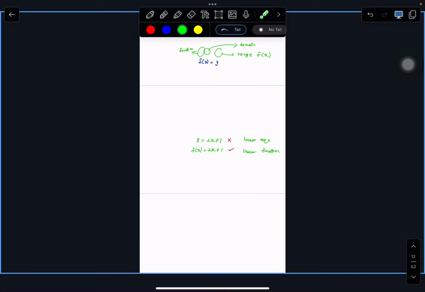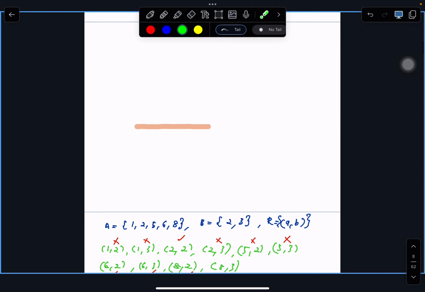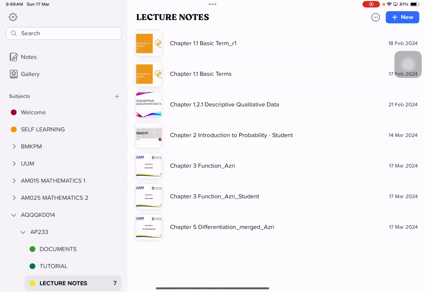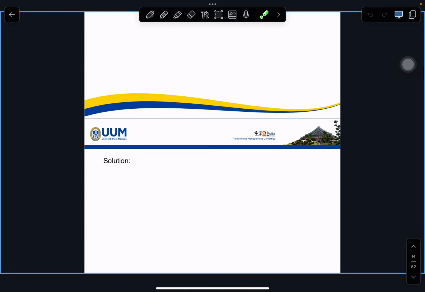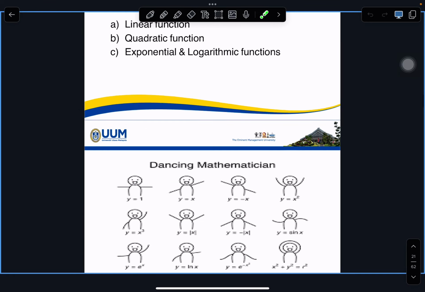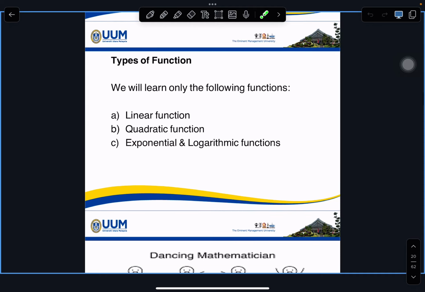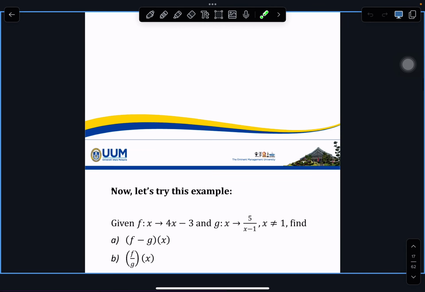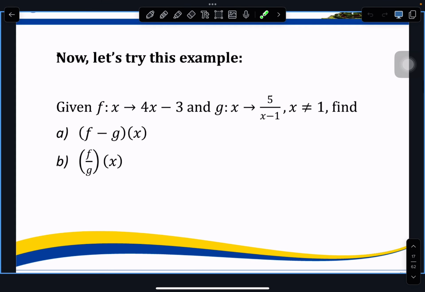Why is it blank? What happened? I will check my slide again because I convert to PDF. I don't convert to PDF. This one convert to PDF.